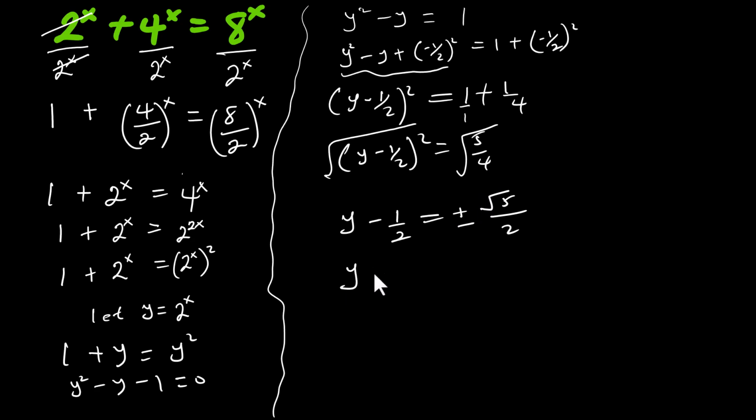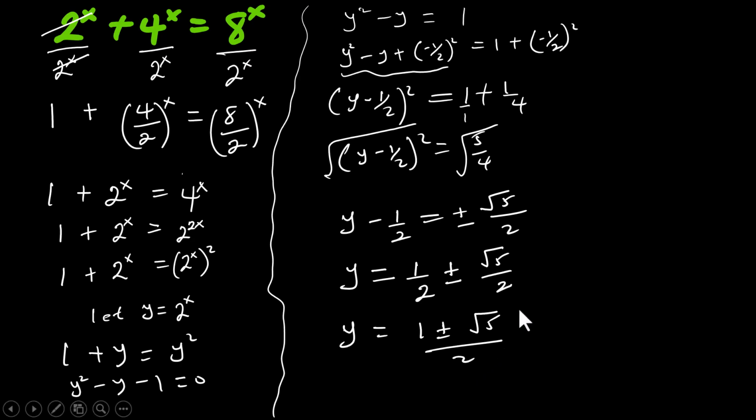So y equals half plus or minus root 5 over 2, which is 1 plus or minus root 5 over 2.